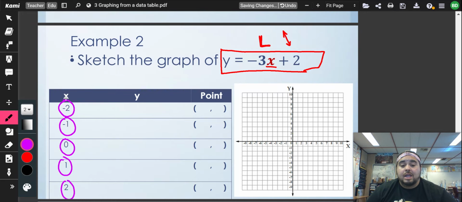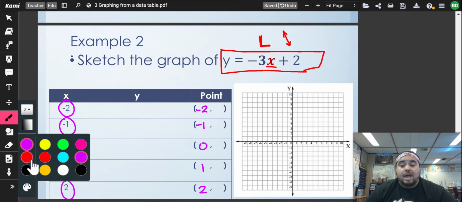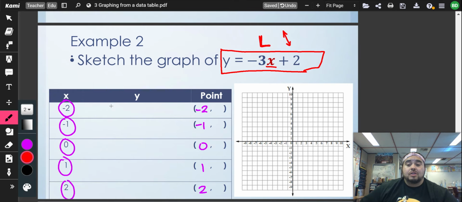So when I look at my ordered pair, those are my x values, -2, -1, 0, 1, and 2. Now to get the y value, I have to plug those into the equation. So I'm going to write the equation down, but instead of x, I'm going to leave a little blank space there so that I can eventually plug a number in. Okay, and I'm going to do that all the way down.